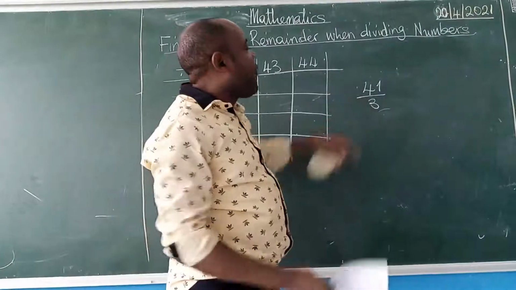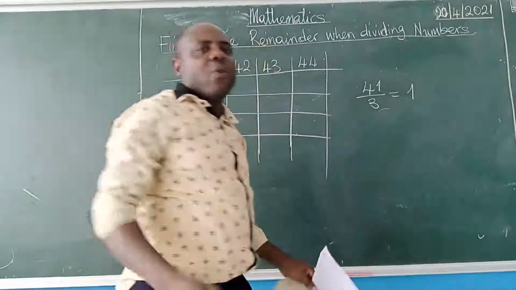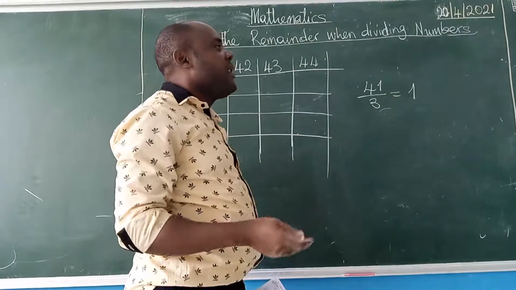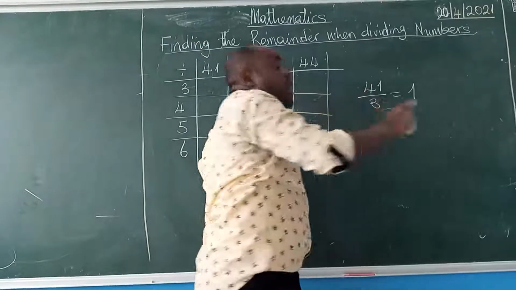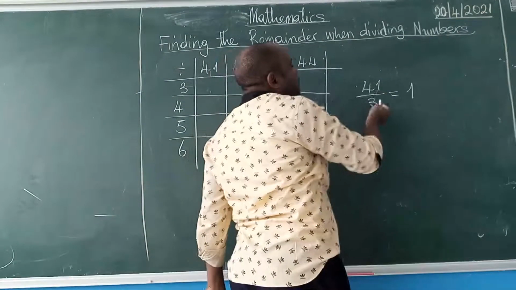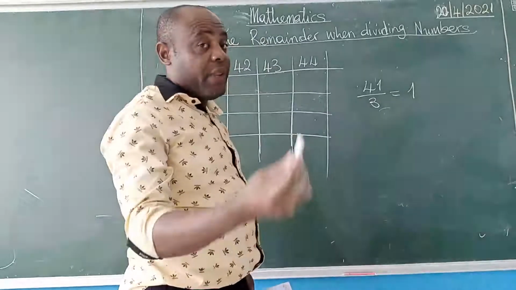3 can go into 4 one time, and 1 will be remaining, because 3 times 1 is 3. The nearest multiple closer to 4 is 3. So 1 time and 1 is remaining. I attach the 1 in front of the 1 which is in 41.